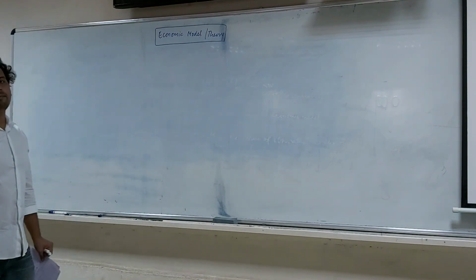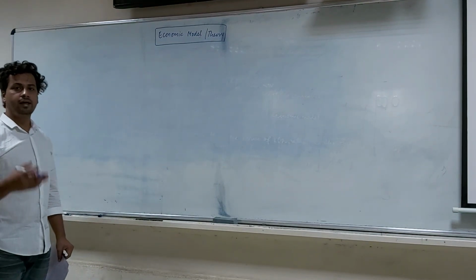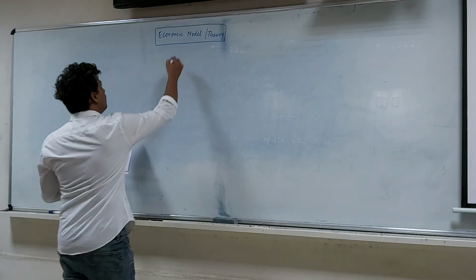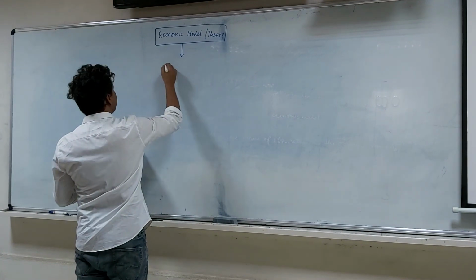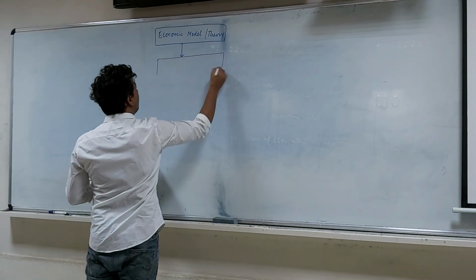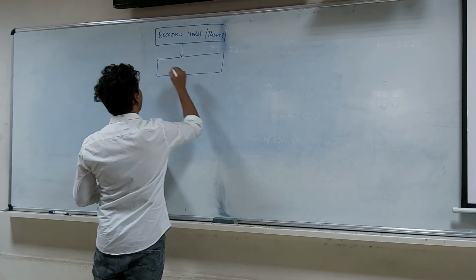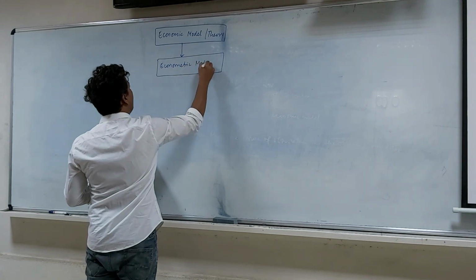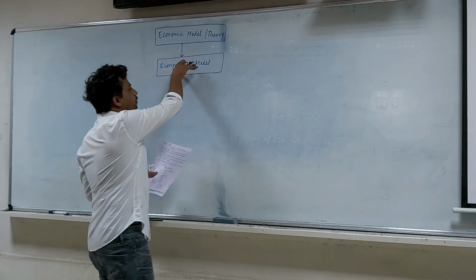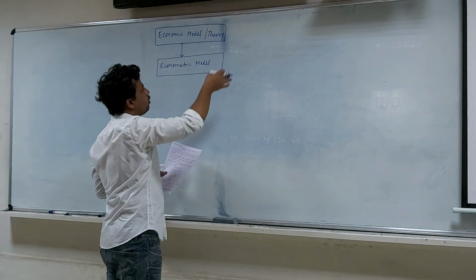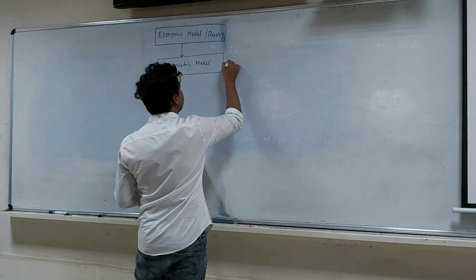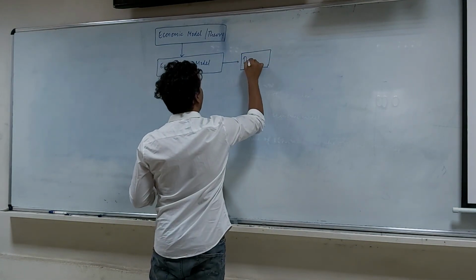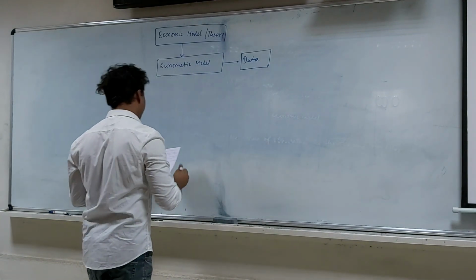Now from this economic model or theory, the second thing we'll have is we'll derive a set of behavioral equations, and that's where our econometric model comes. So the second step will be the econometric model. And the way we define our econometric model will also include the specifications on data collection, what are the variables on which we require our data.